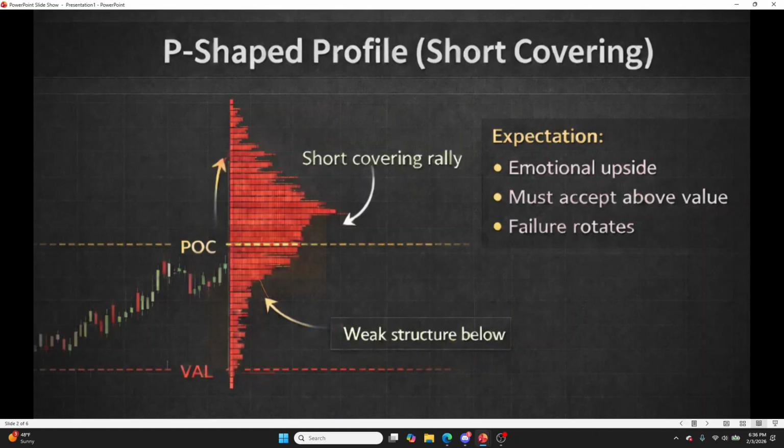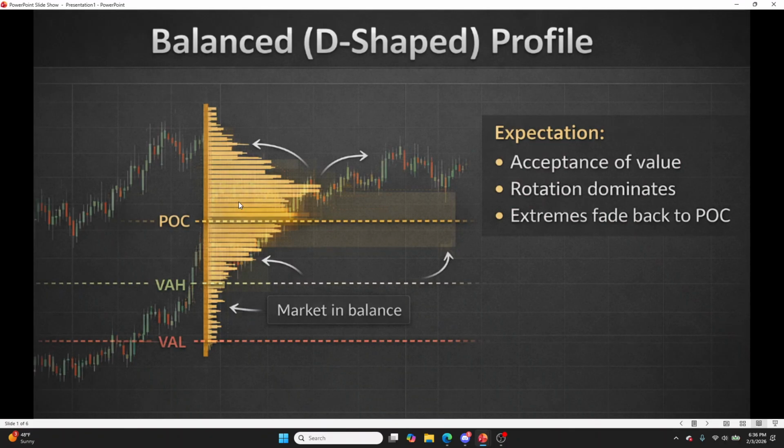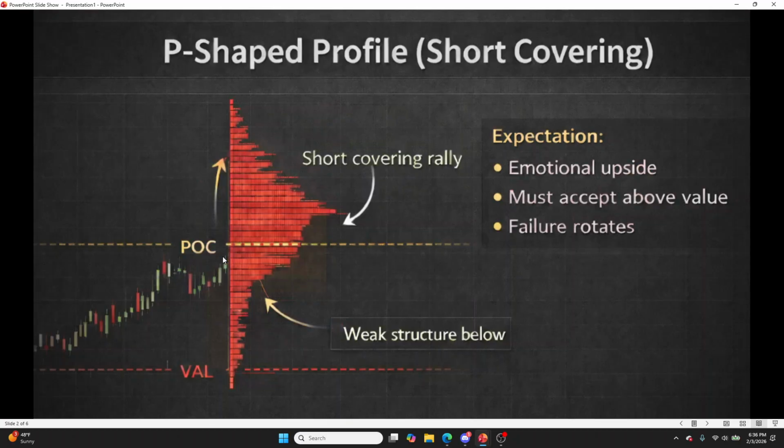The P shape is similar in nature, except you're going to have really weak structure below, comparable to some points of liquidity here. You're going to have low volume nodes all the way low, and once you get above this area, anybody who was short is probably going to get liquidated, because you have a P here that's representing a couple high volume nodes.